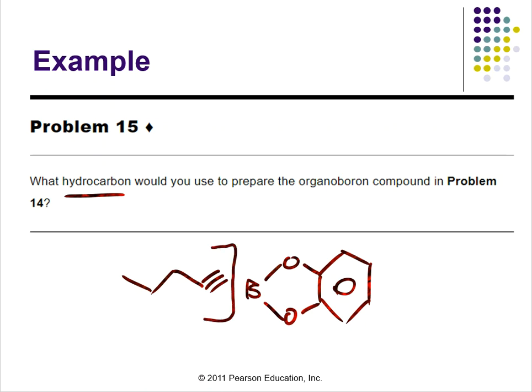And folks, right there is the piece that was required to react with that boron group to make the reagent that we needed for the Suzuki. Again, that's all that these questions need to be. That's all that they should be. It's all about what was there before, how can we change it to make something new.